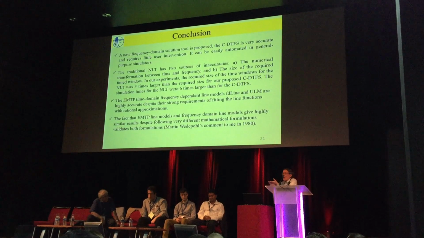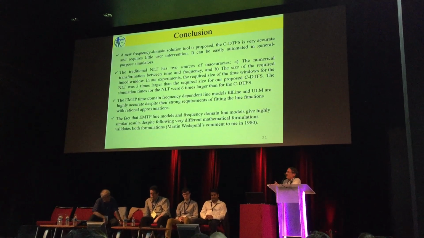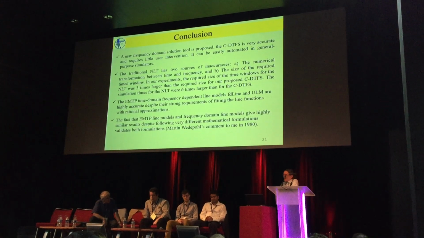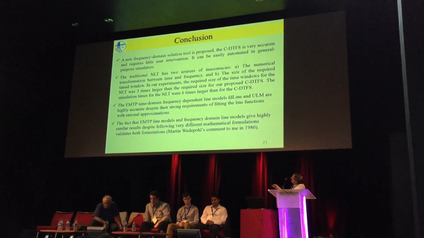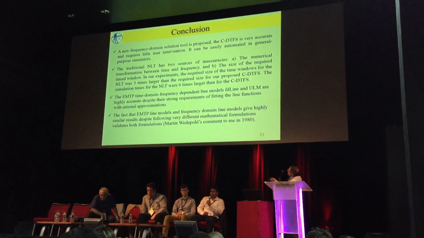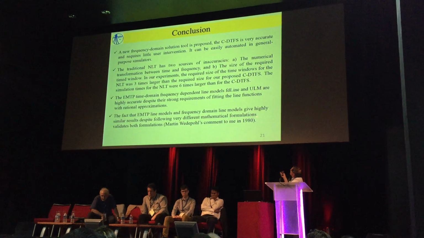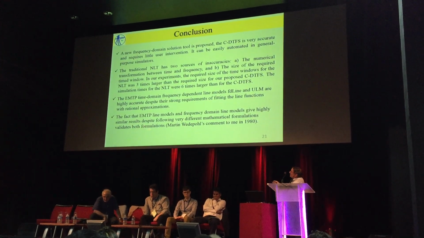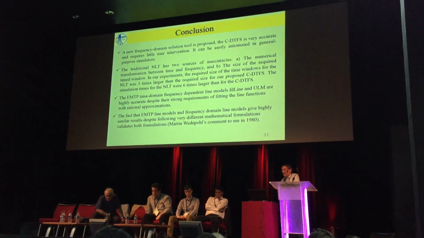Despite having to do all of that, they still give results that compare very well to the frequency domain results. I want to finish with the last point: the fact that the EMTP line models and the frequency domain line models give highly similar results proves that they're both right.